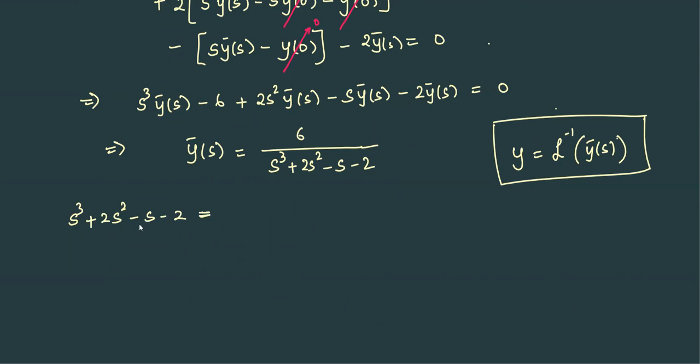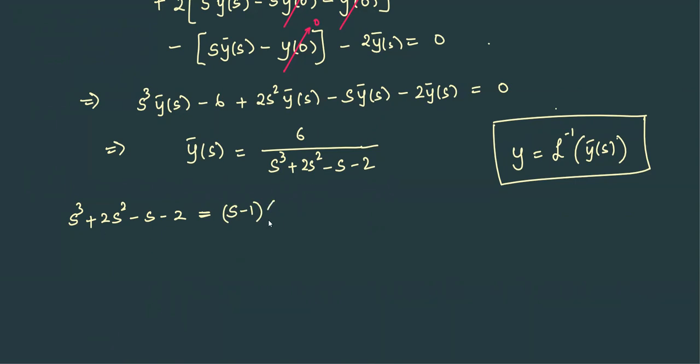If I substitute s equal to 1, I get 1 plus 2 is 3, minus 1 minus 2, 3 minus 3 is 0. So s equal to 1 satisfies the equation, which means s minus 1 is a factor.